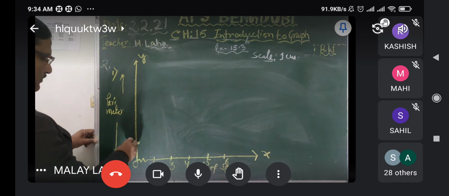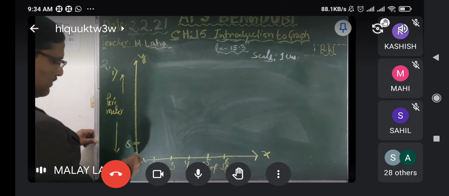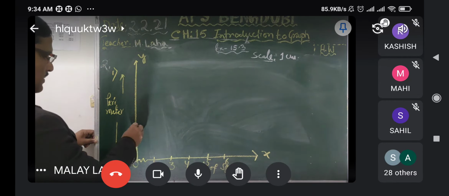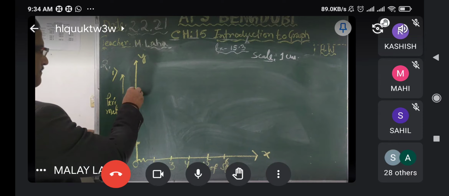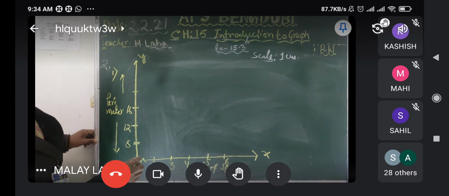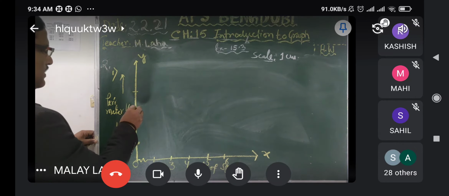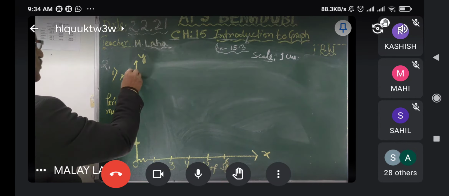Next one, take the table of 4: 12, 16, then 20, then 24.